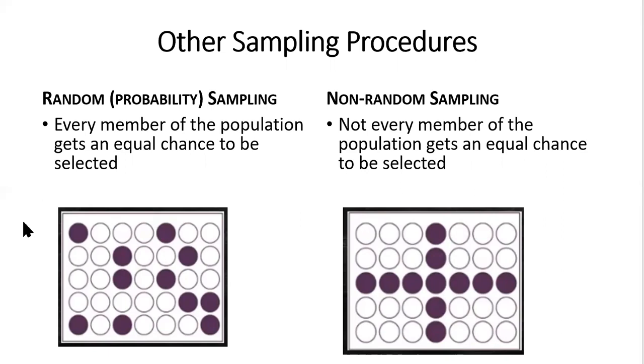That's a random sample. Now, if I selected the middle row horizontally and the middle row vertically, that would result in the same sample size. However, not every student had a chance to be selected, right? The students sitting in the corners of the class didn't have a chance to be picked. So this is an example of a non-random sample.